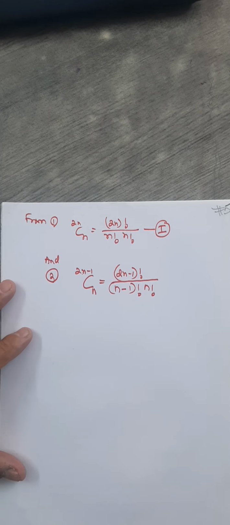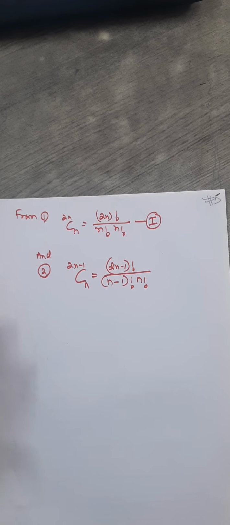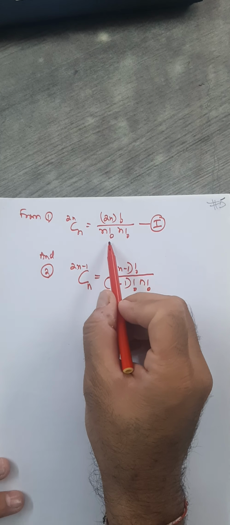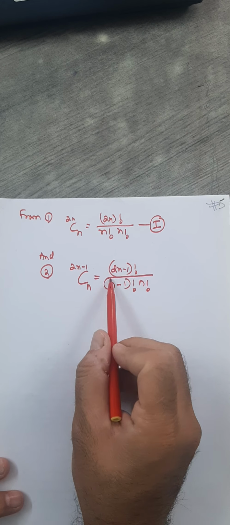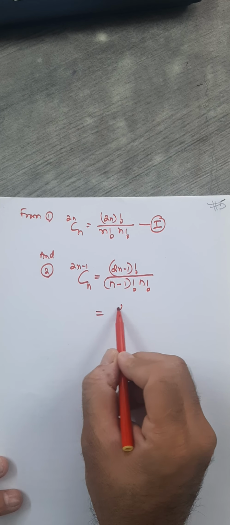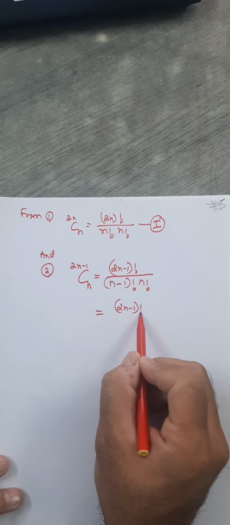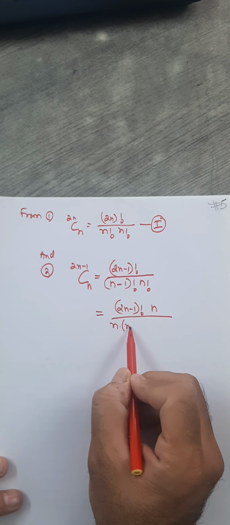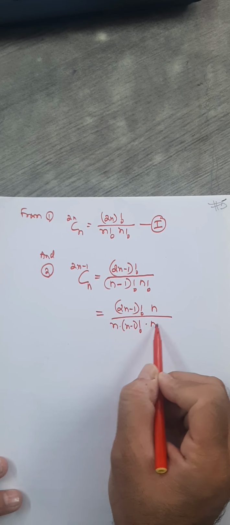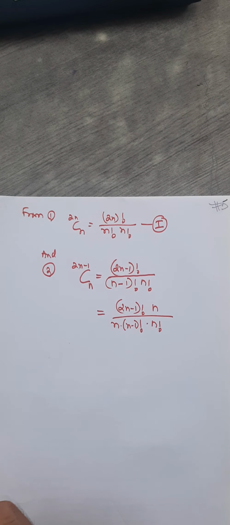Fine. Now just observe this. I want the denominators equal here. So if I want n factorial here, what will I do? I'll multiply and divide by n, so here n upon n into n minus 1 factorial.